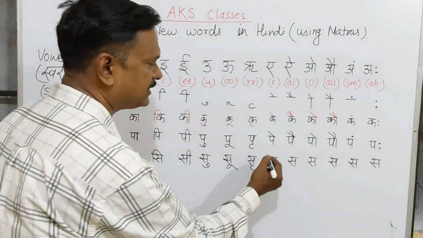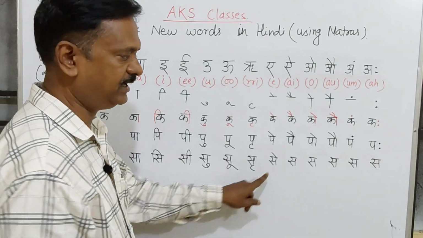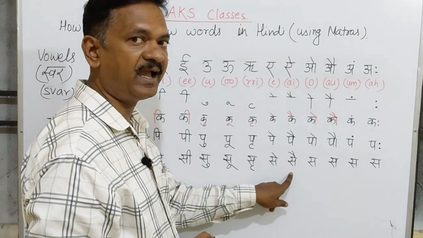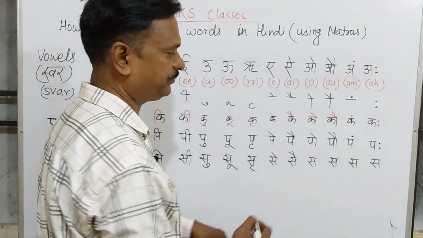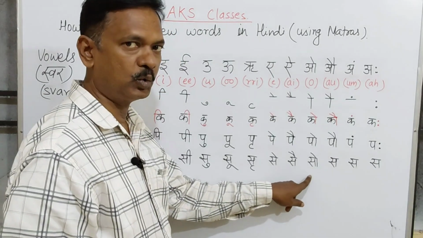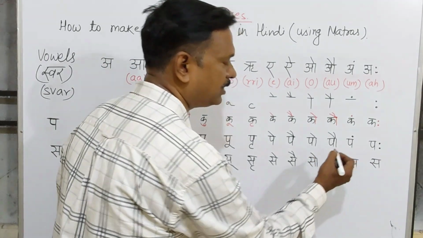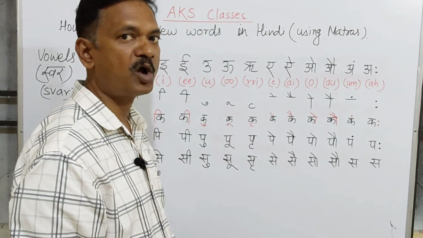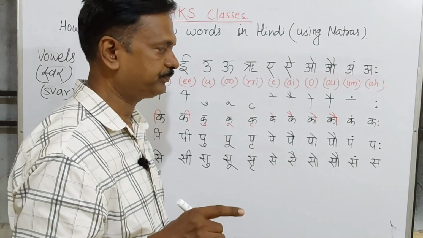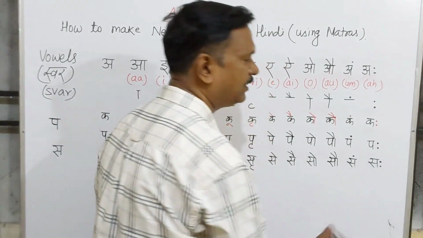The e sound, it is se. Now the ai sound, it becomes sai. And the o sound, it becomes so. Now it is sau. Sound, sam. And these two dots, sah.